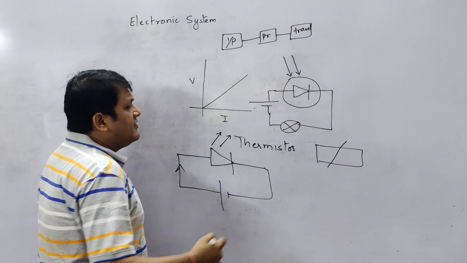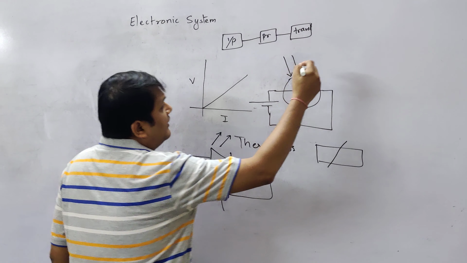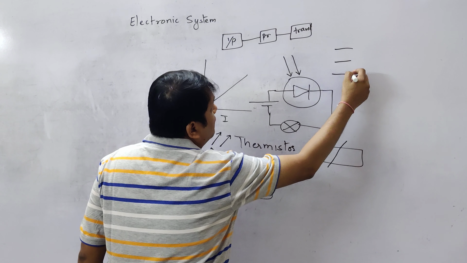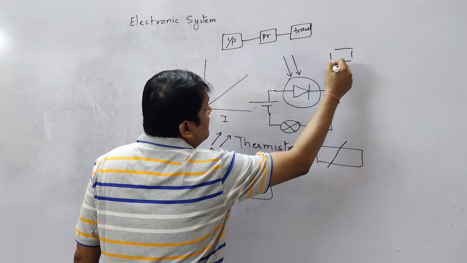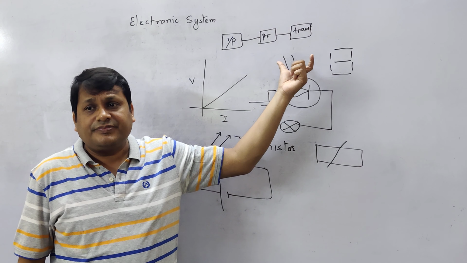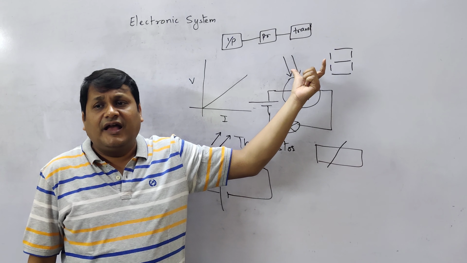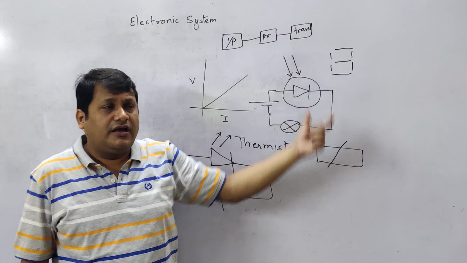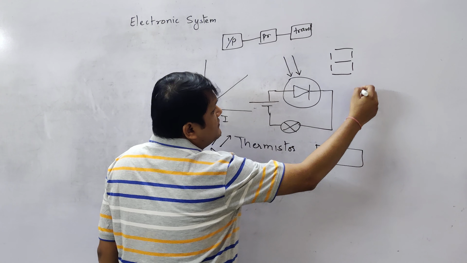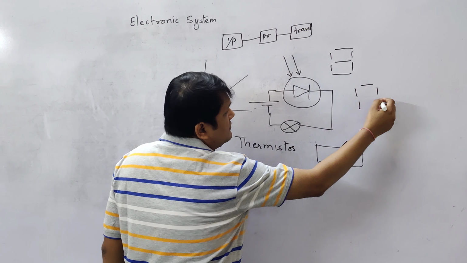So 7-segment display you have seen in the indicators. If you see, you have 1, 2, 3, 4, 5, 6, 7. 7 LEDs are here. This is called a 7-segment LED display. And if you want 0, what will you do? You will light this and this.